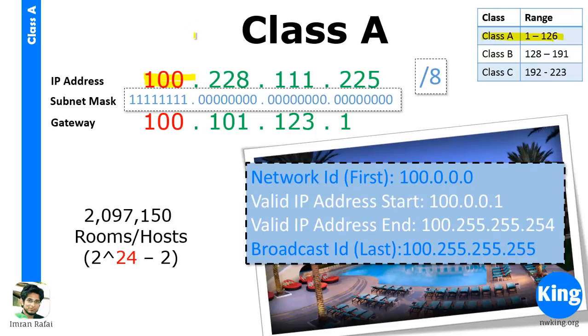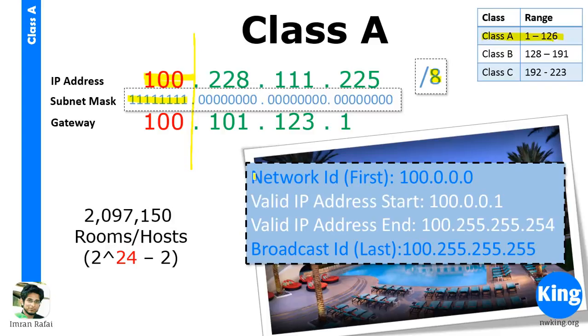So, from what we know so far, this will be the separation between network and host. Anything with 100 is part of this network, and this is also represented as a /8 network because it has 8 bits as ones in the subnet mask.